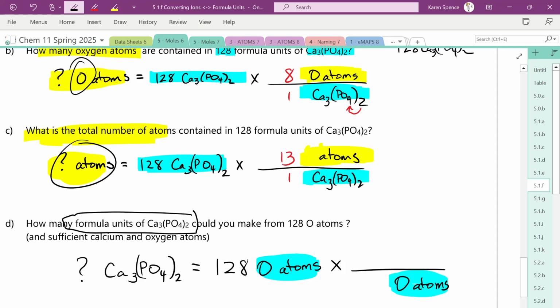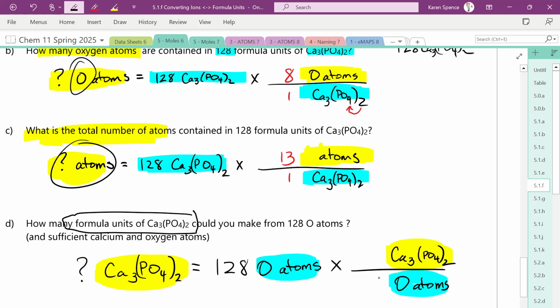And we're going to take what we want to find, which is Ca3(PO4)2, and put it on the top. You'll notice I left space at the beginning so I can put in some numbers. How many O atoms?